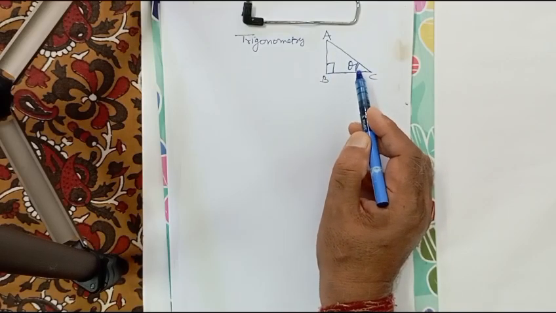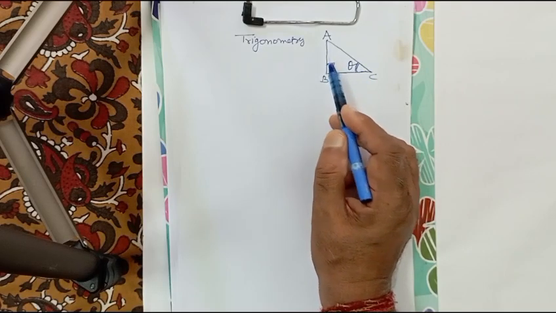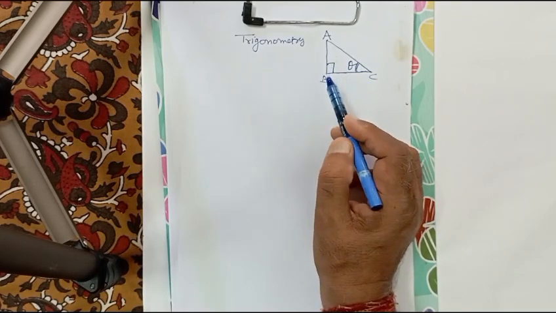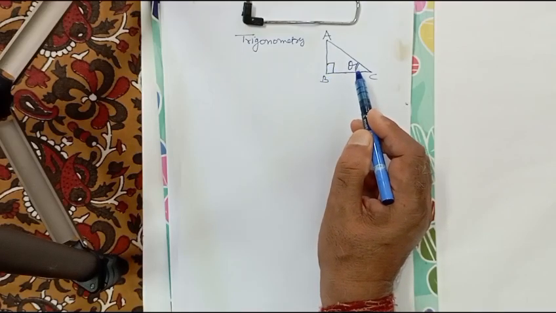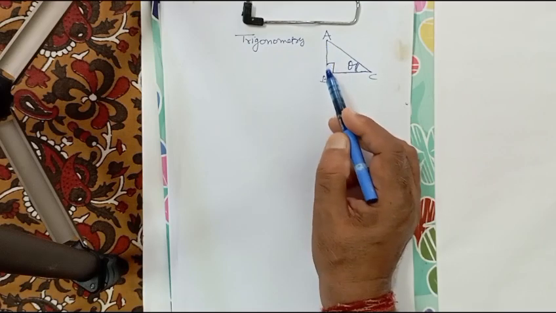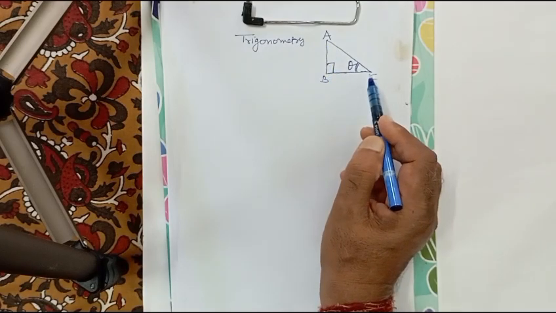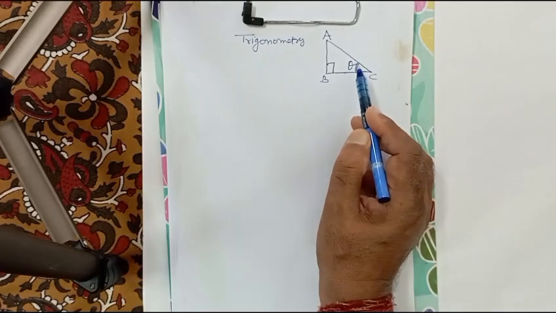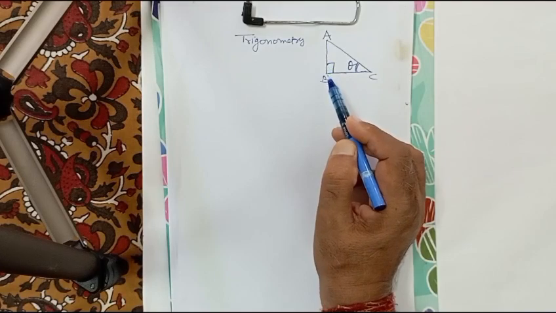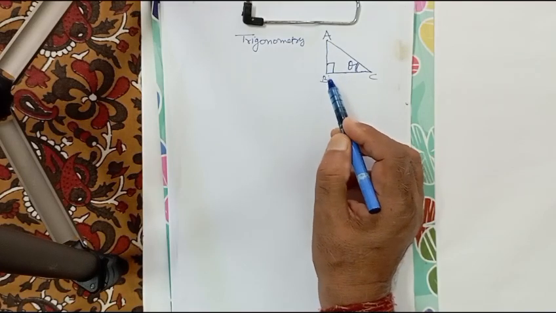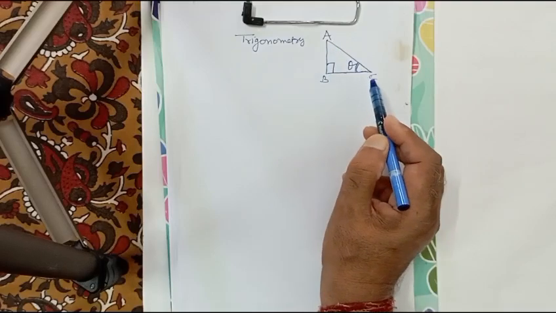For this angle, the side AB will be considered as perpendicular, just opposite to it, making an angle of 90 degrees with the base. So for this angle theta, I will take AB as perpendicular, BC as base, and AC as hypotenuse.